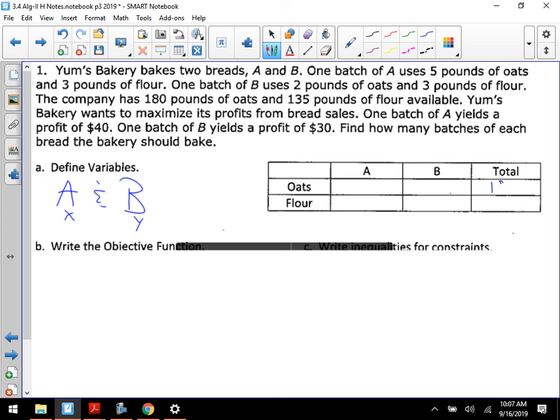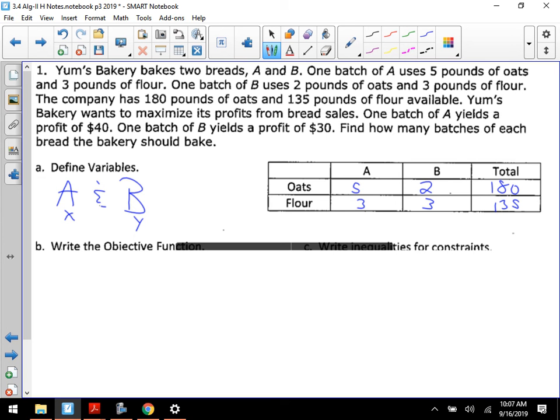So this is kind of how they use the table. They just fill in the totals, and then batch A used how much oats? 5 and 3 flour, and then how much did B use? 2 and 3.